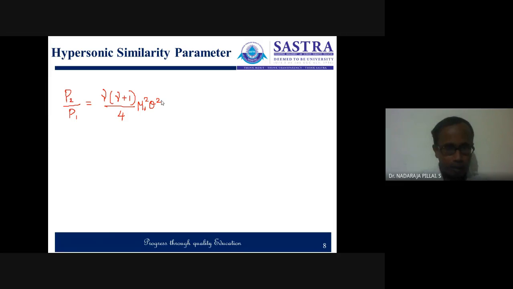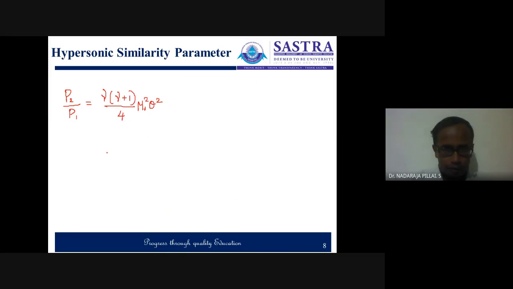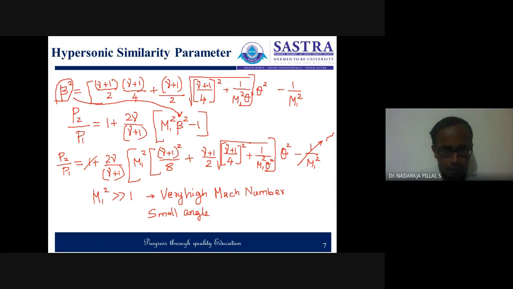You remember this equation. So this equation becomes: 2 here 4, and this gamma plus 1 becomes gamma plus 1.